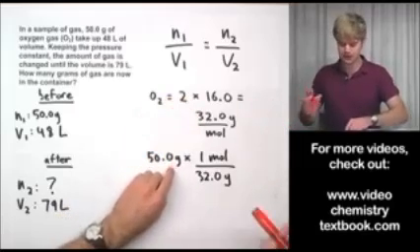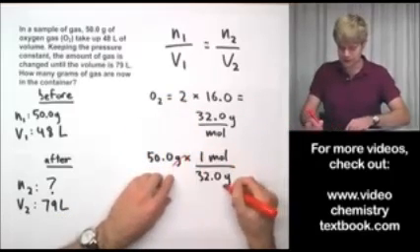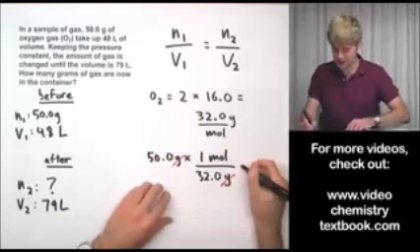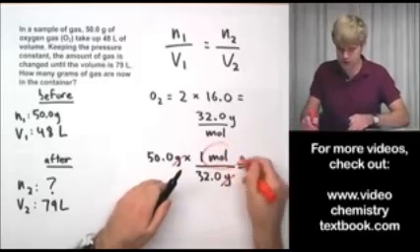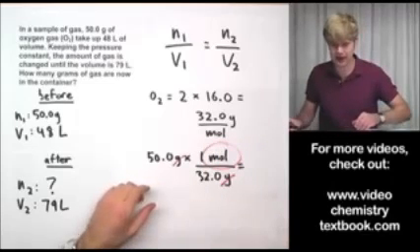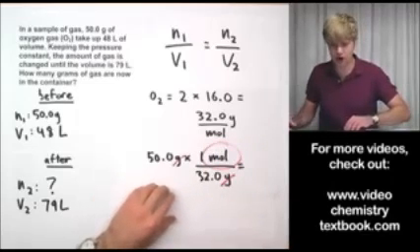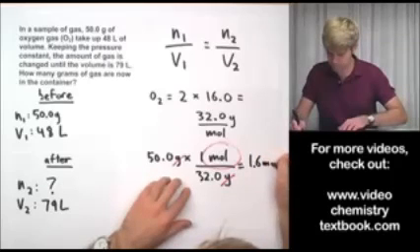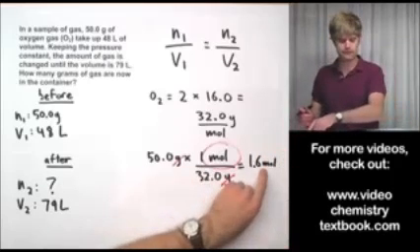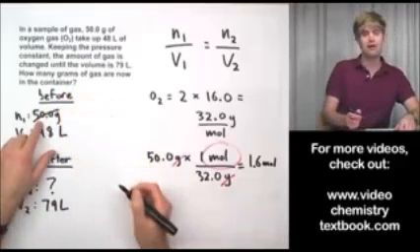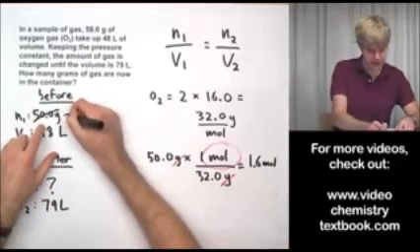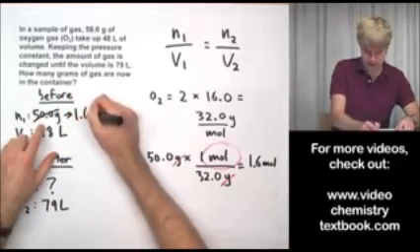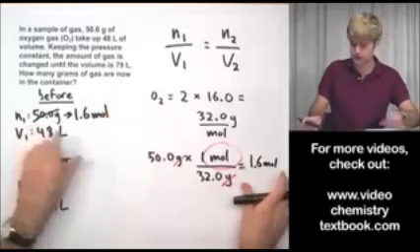Now I have grams up here and grams down here. That means they cancel out. I'm going to be left with moles. And the answer that I get there is 1.6 moles. So I can cross out my 50 grams and replace it with 1.6 moles.